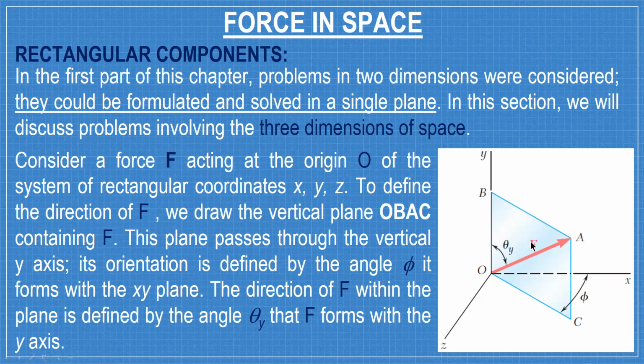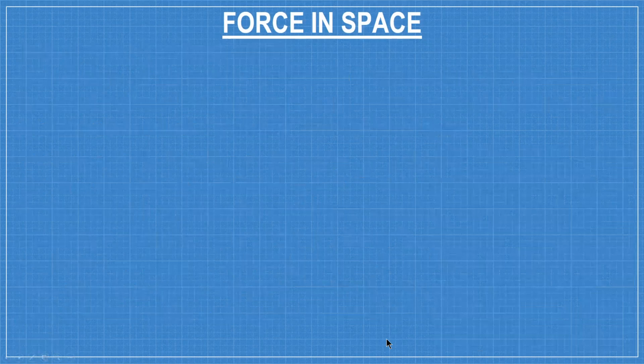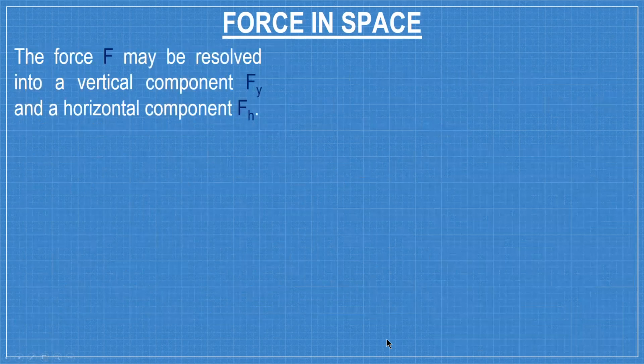The direction of F within the plane is defined by the angle theta sub y that F forms with the y-axis, this one. Now, the force F may be resolved into a vertical component Fy and a horizontal component Fh.